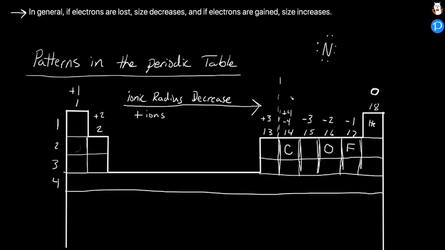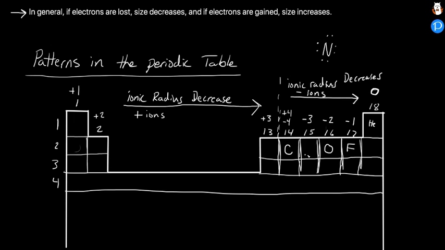And so the trend going across these nonmetals, the ionic radius of these negative ions, what is the size of these going to do? So we're starting at -3, then going to -2, -1. So that means group 15 are gaining 3. These guys are gaining 2 and then gaining 1. And so we would see that the size of these also decreases. So these decrease as well, right?